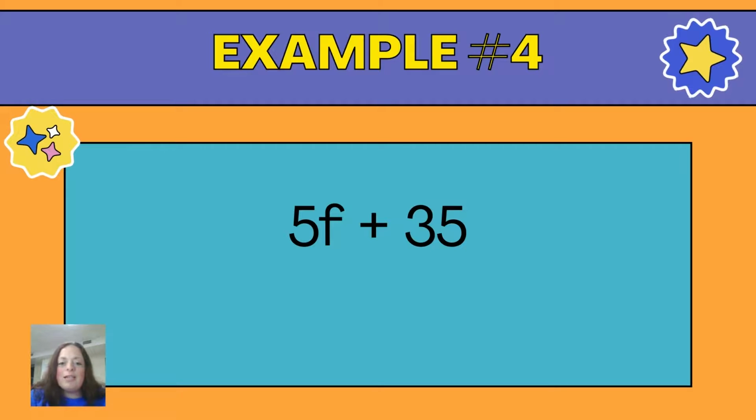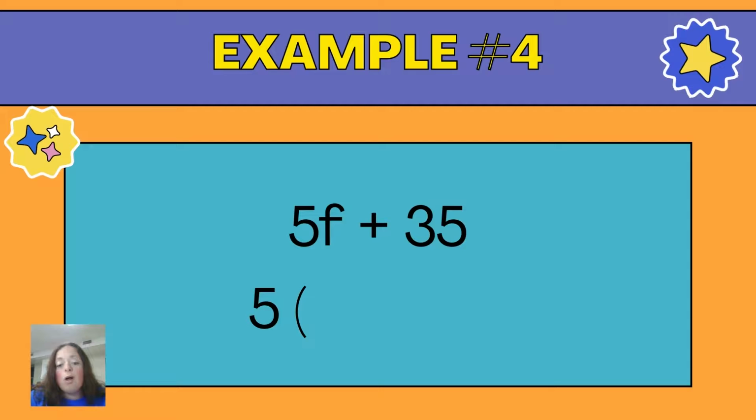So example number 4 is 5f plus 35. What we need to do is look for something that is similar or a common factor for both of these terms. So 5f and 35, both are divisible by 5. So we start by writing the 5 on the outside of the parentheses.